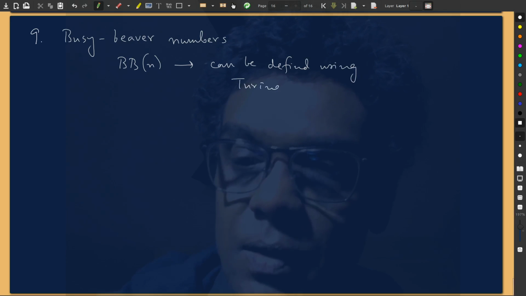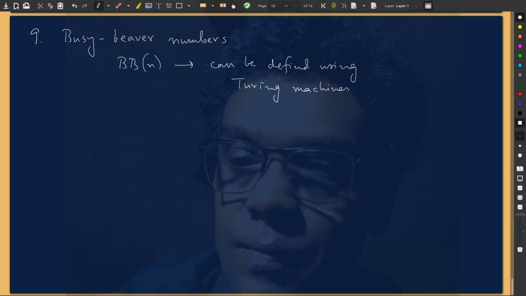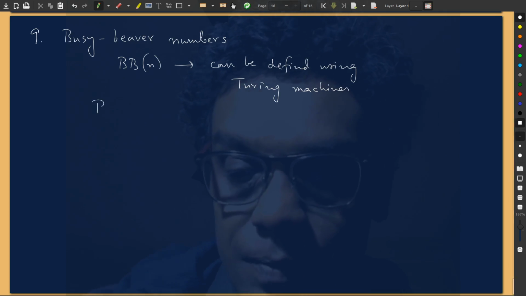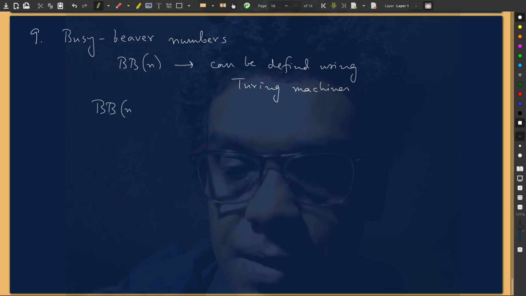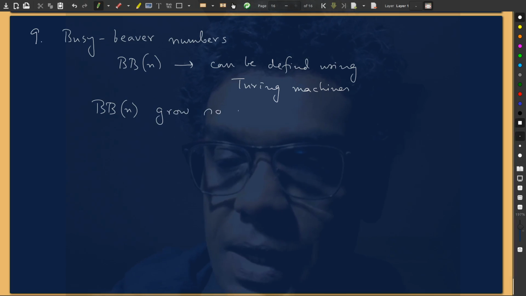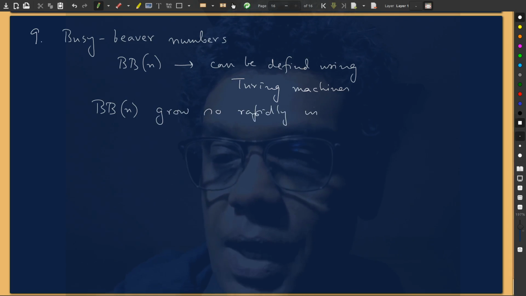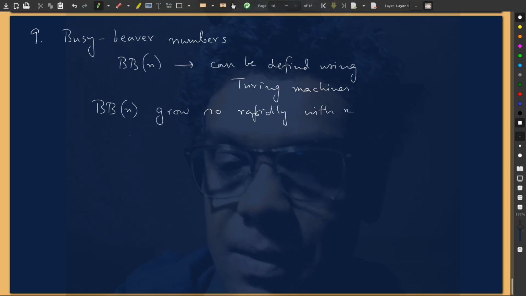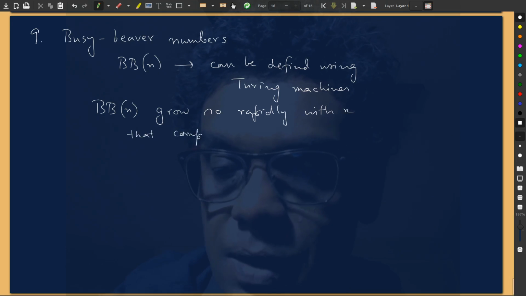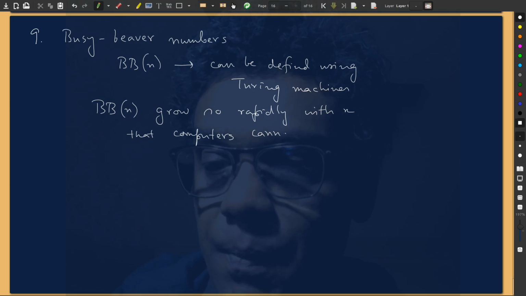If we get an opportunity, we will define it. So the idea is that these numbers, BB n, grow so rapidly with n that computers cannot keep track of them.